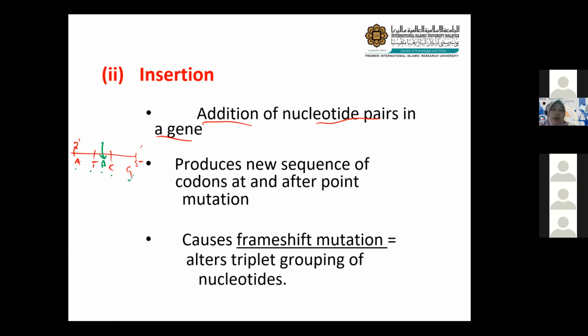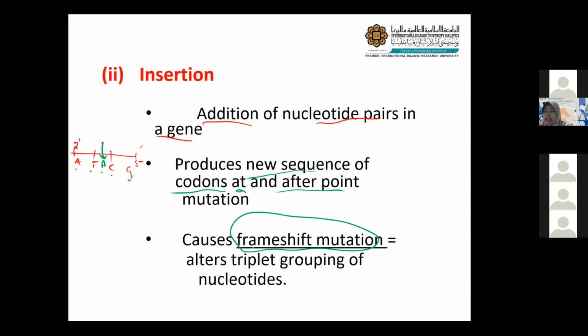So this is what we call insertion. Insertion produces a new sequence of codons at and after the point of mutation. So it will change the codon from the start of the insertion and the following sequence after the point of mutation. This is what we call a frame shift mutation.